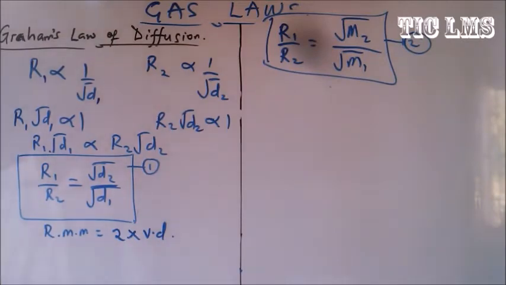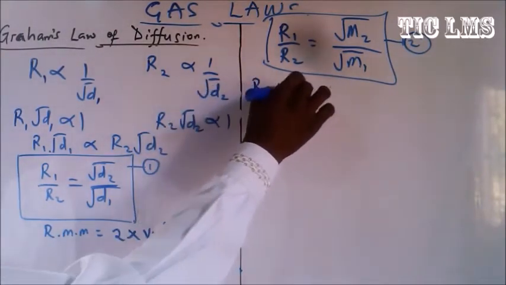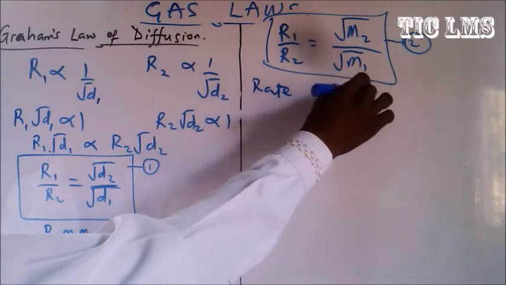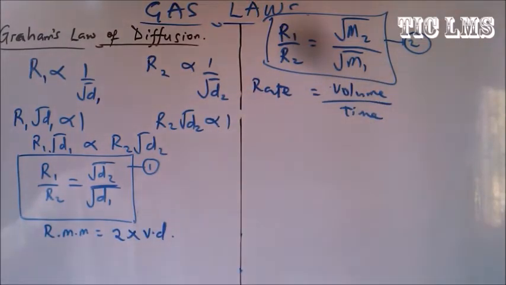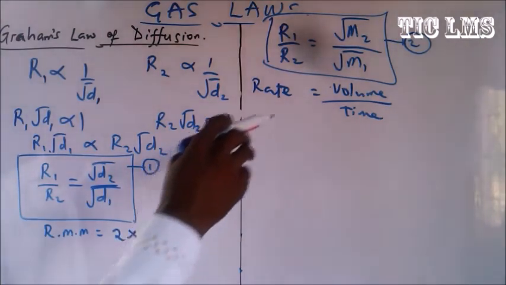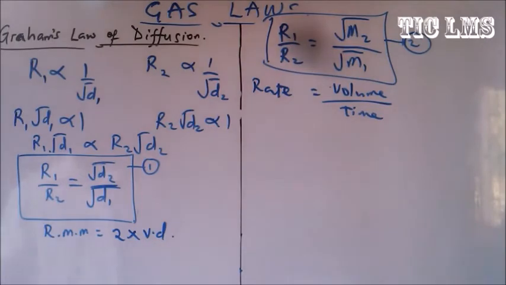And next, we have that the rate of diffusion is equal to volume of the gas over the time taken for it to diffuse across the opening. So with this, we could make use of our time. Now let us take note that at equal volumes, we'll have different times.